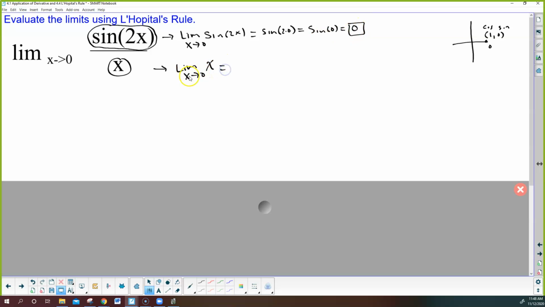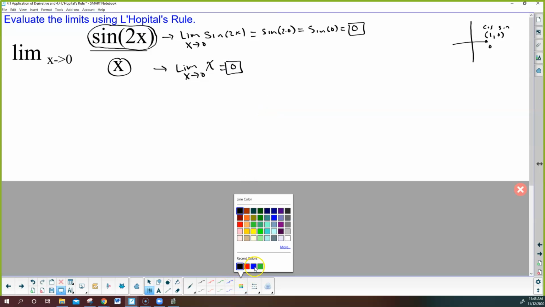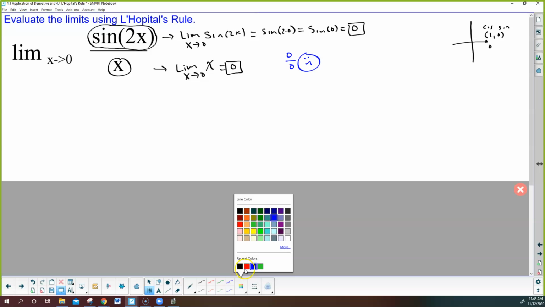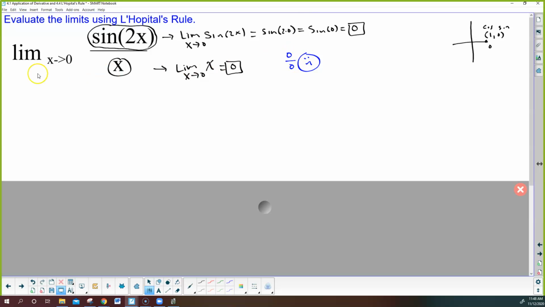The bottom limit, if I just plug in 0, there's no work to show. So now I want to compare. I'm not putting equal sign. I'm just saying that that's an indeterminate. Right? There's our proof that just evaluating the limit does not result in an answer. So L'Hopital's rule is going to be applied.